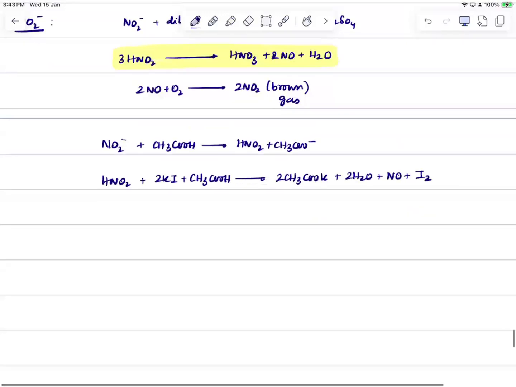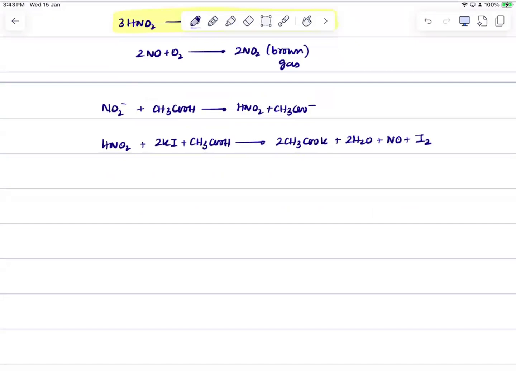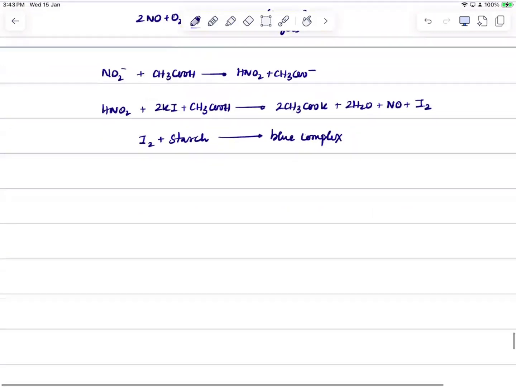So I- is getting oxidized to I2 and HNO2 is getting reduced to NO. And whatever I2 has come, if it is in contact with starch, it will convert into a blue color complex. This is one confirmatory test for NO2-.